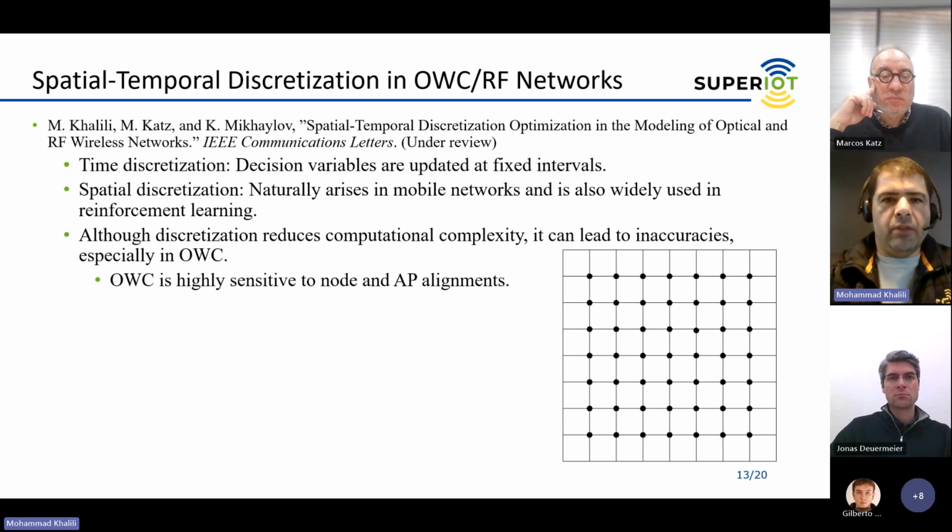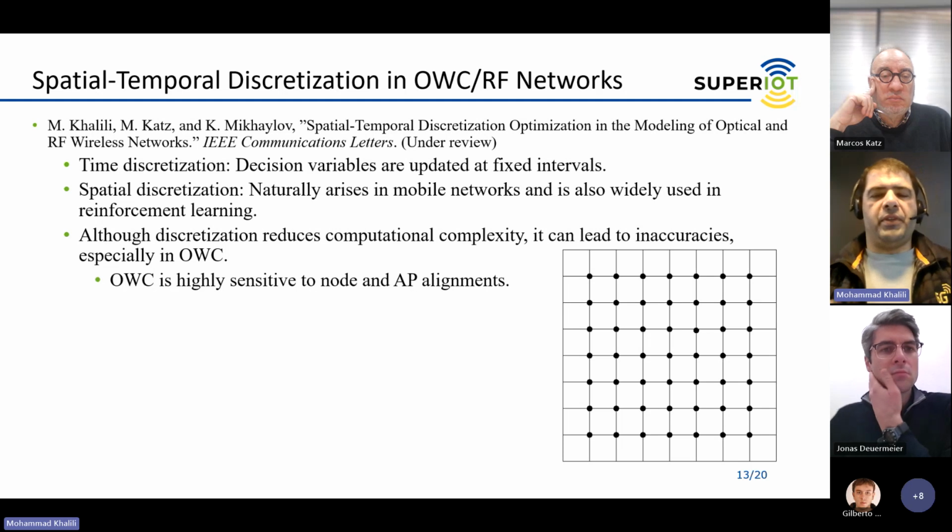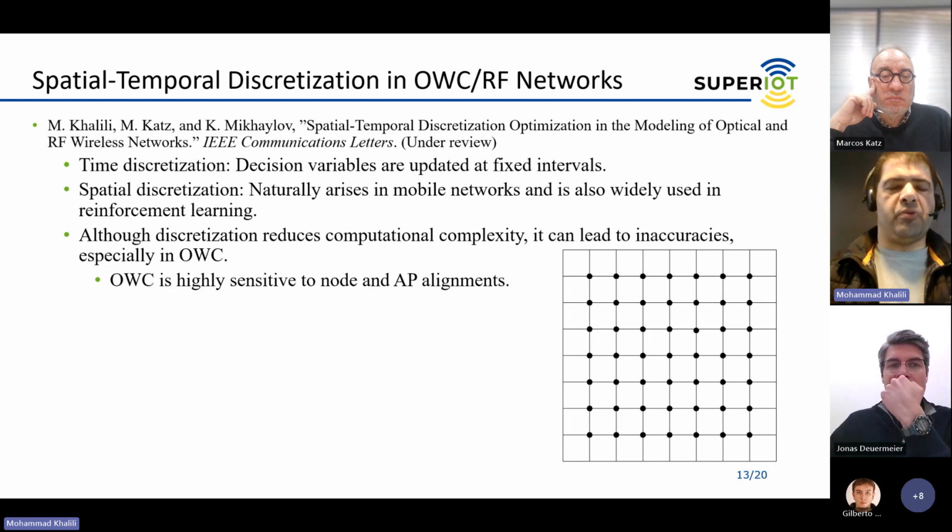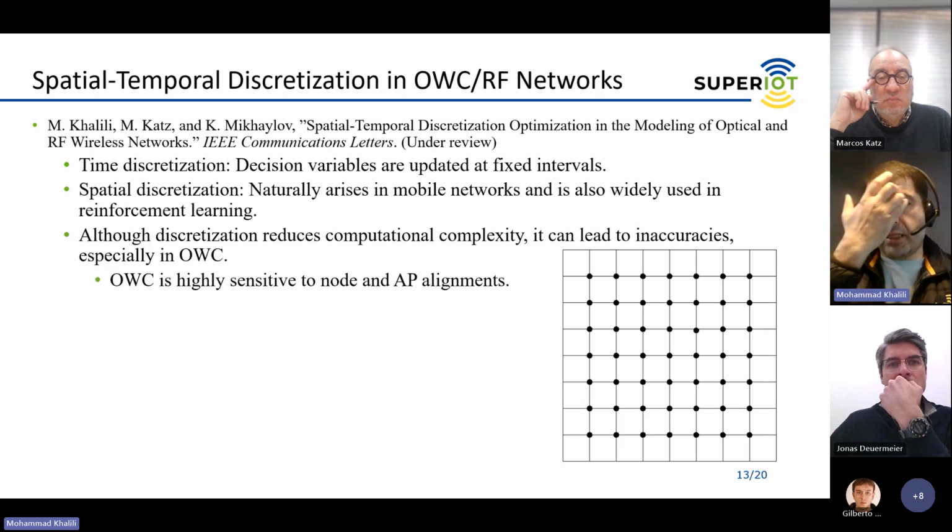In papers we usually have decision variables, and we use time discretization and say that this variable is fixed during each time step until the next time step. Also, there is spatial discretization that we usually use in many reinforcement learning approaches, something like this figure.